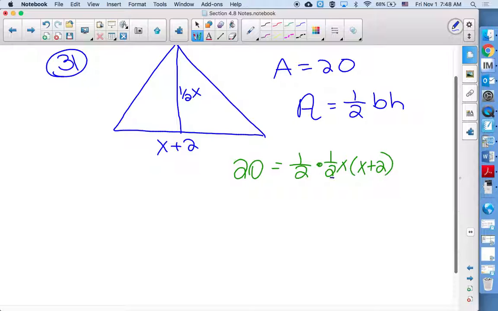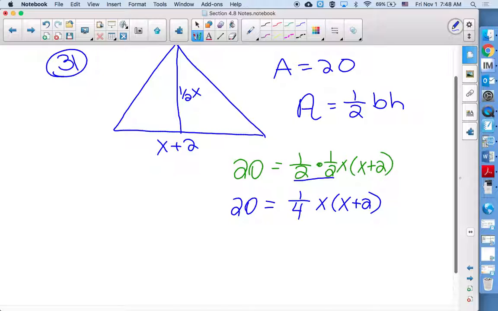So if I look at the two fractions here, 1/2 times 1/2 makes 1/4. So multiplying 1/2 times the half for the height. Just multiplying the two halves together. They're both fractions. They're right next to each other. They're being multiplied. And I get a 4. So now I have 1/4 x times x plus 2.